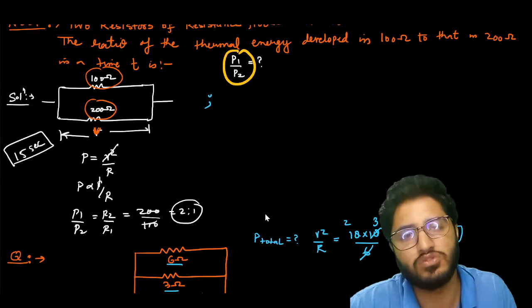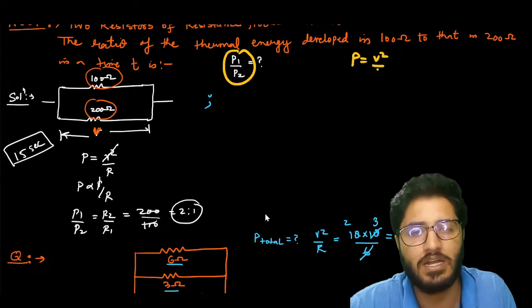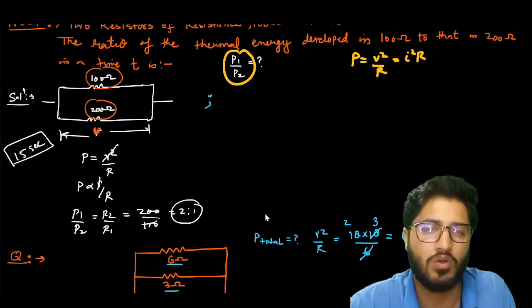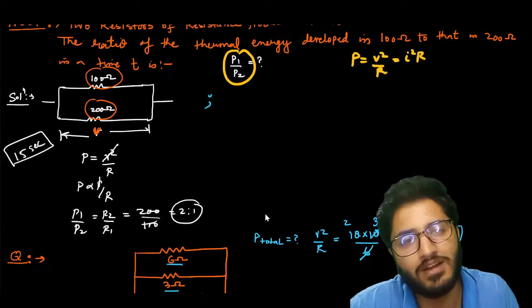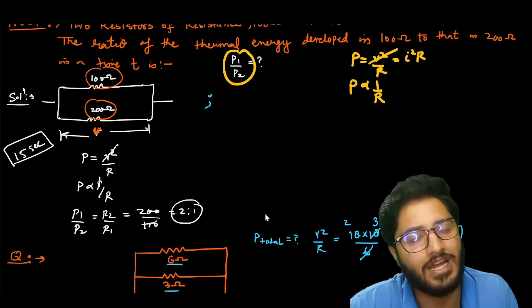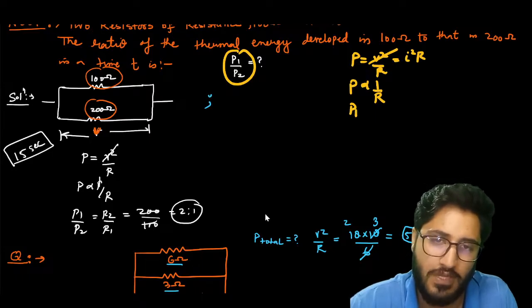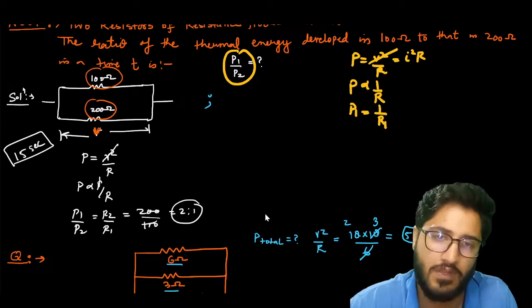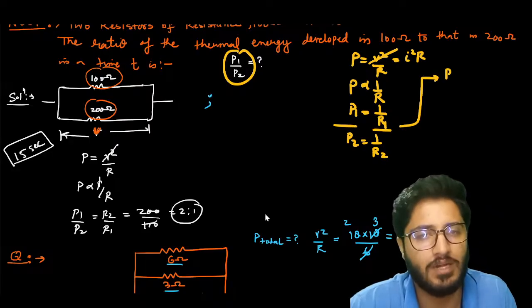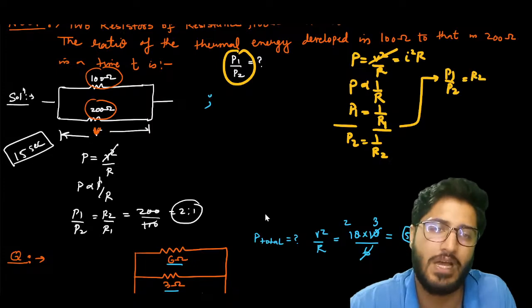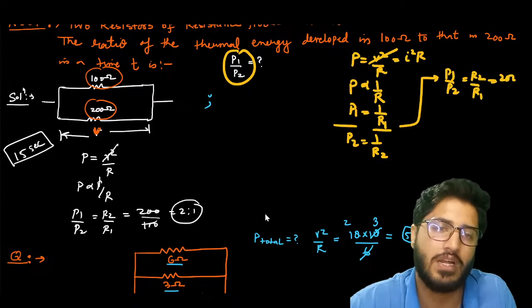We have P equals V square by R equals I square into R. If potential is constant, then P is inversely proportional to R. So P1 is 1 by R1 and P2 is 1 divided by R2. Take the ratio: P1 by P2 equals R2 by R1. R2 is 200, R1 is 100, so it is 2 by 1.